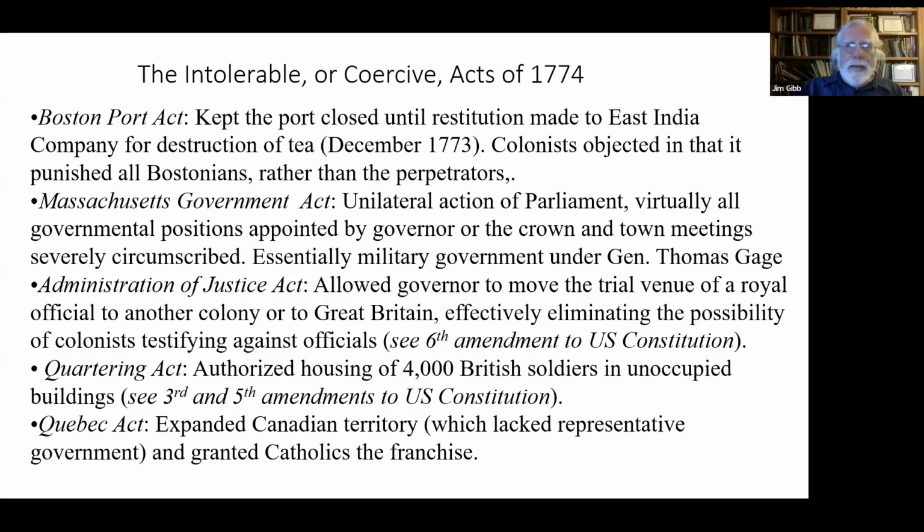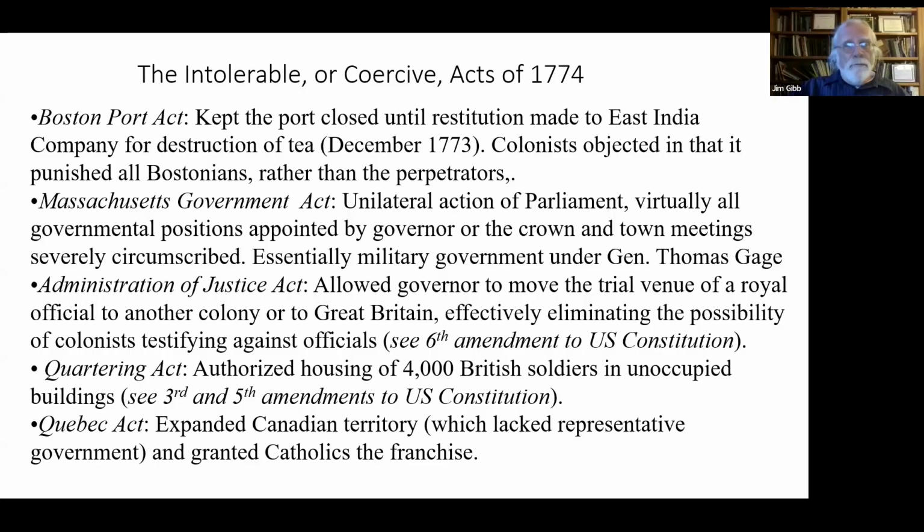The Boston Port Act had the most significant impact because in Boston they built ships, they shipped goods, they fished. Closing down that port, moving it up to Salem, what do those people do for a living? And they couldn't even import food. When they closed it down, they wouldn't even allow canoes across the marsh.